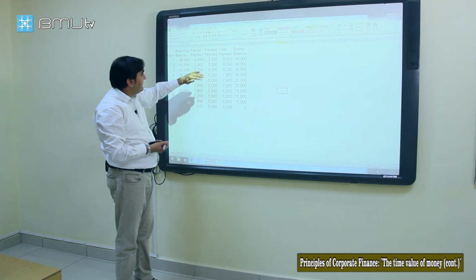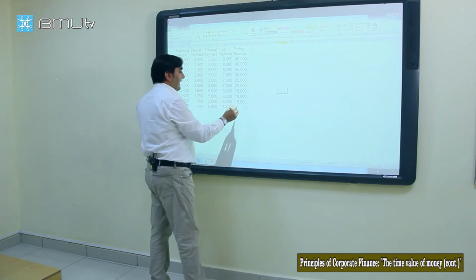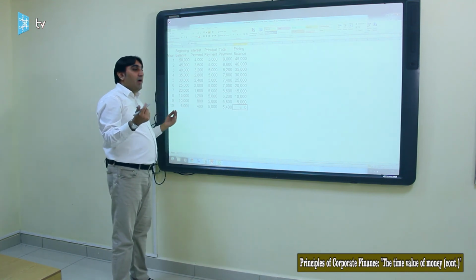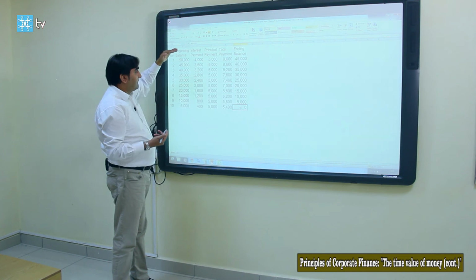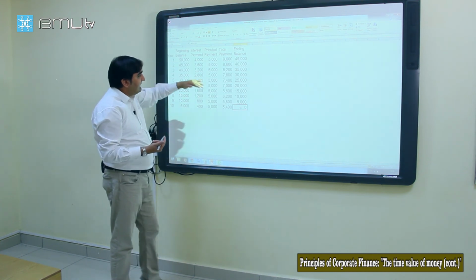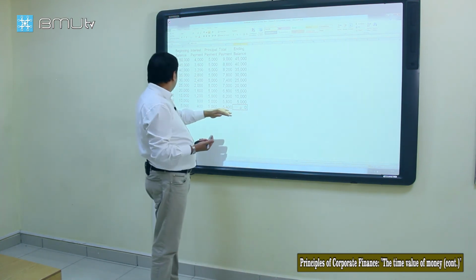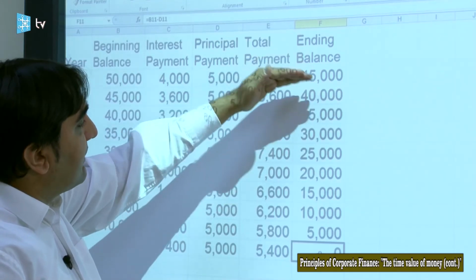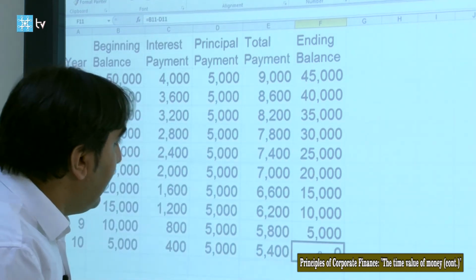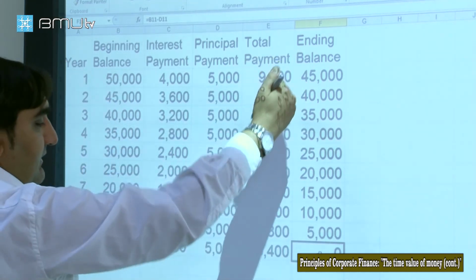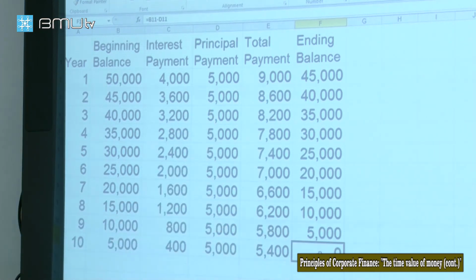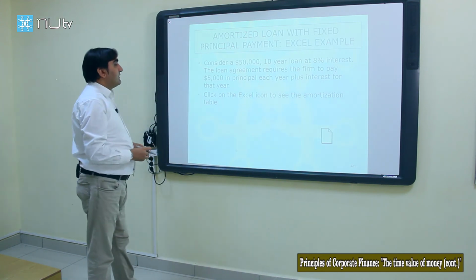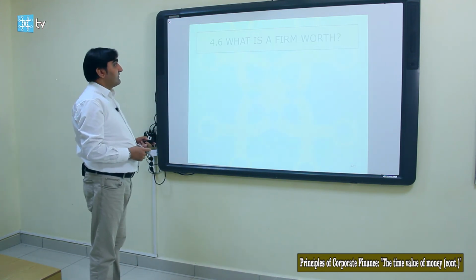If we continue this, at the end of the period our ending balance will be 0. This is a sample of loan amortization. We amortize our loan and it comes to 0 in 10 years. So ending balance goes down 5,000 each year and our total payment decreases also, but principal payment is fixed.